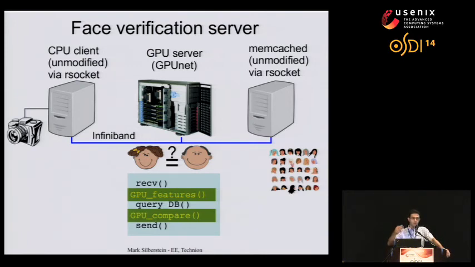One is one that is not using the GPU, another is not using GPUnet, and another is a CPU parallel version with a multi-thread implementation. The algorithm here is pretty straightforward. The data is received, then the features are extracted, the database is queried, and the match is performed. Again, the algorithm is quite trivial, I would say, at least at a high level.